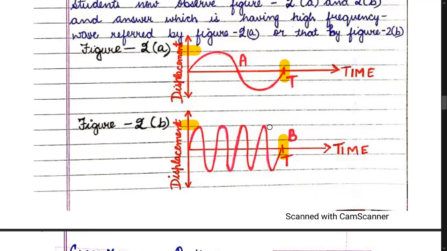So wave B and A are of the same loudness, but B is having more frequency. So B will be giving a sound having more pitch.